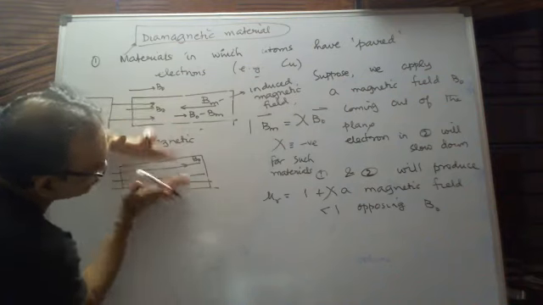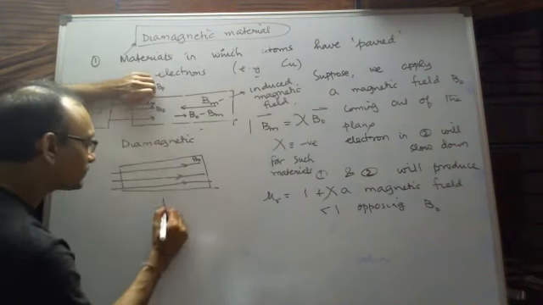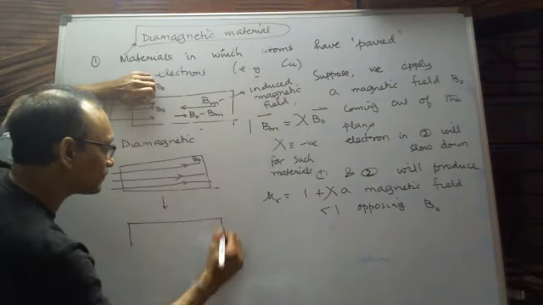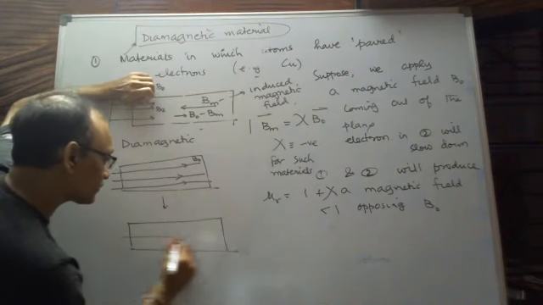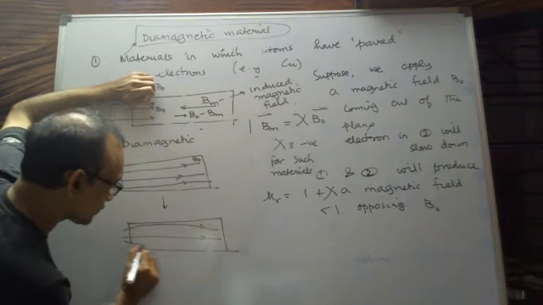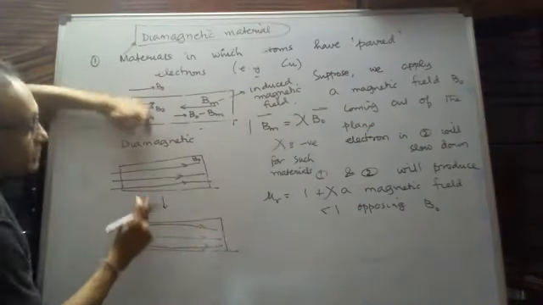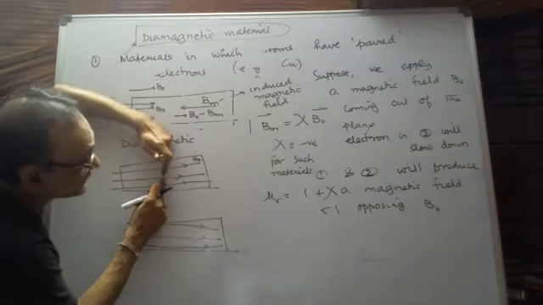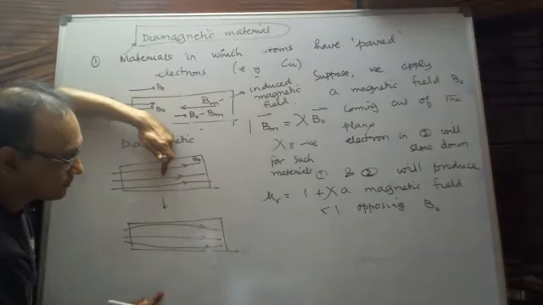These magnetic lines of force will repel each other. ये ऐसा हो जाएगा. ये सेपरेशन बढ़ जाएगा so that the magnetic field is less than B naught.